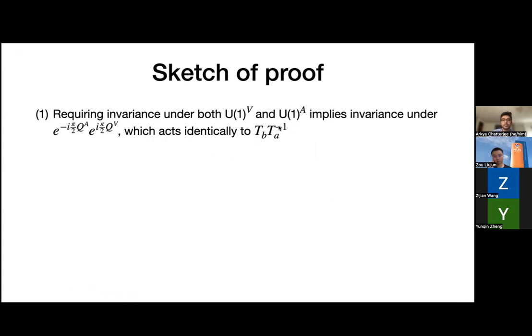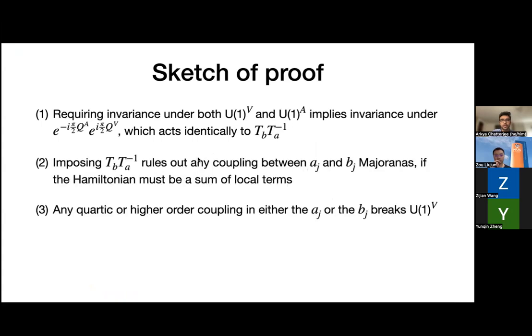But you see that T_B and T_A, once you've argued that A and B need to be decoupled, are completely decoupled, right? T_B is just acting on the B's and T_A is acting on the A's. So this just means that you also have T_B invariance and T_A invariance. In other words, you end up with only translation invariant Hamiltonians. Yeah, that's the technical reason why.